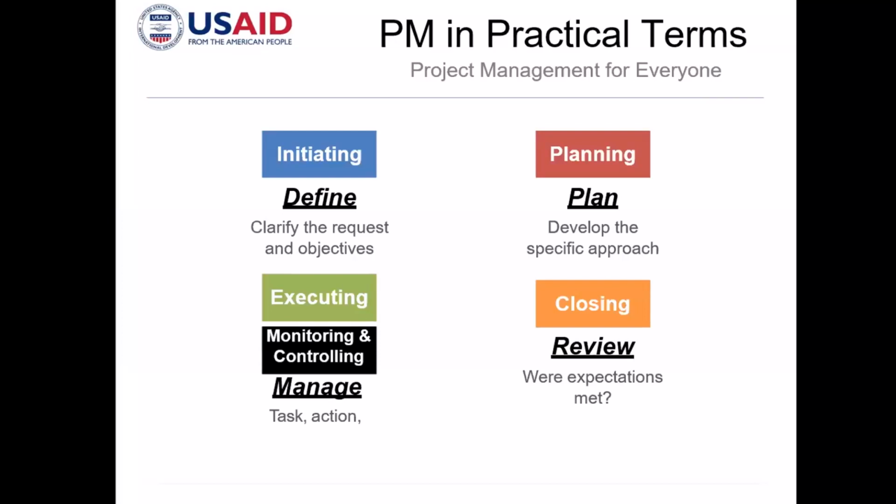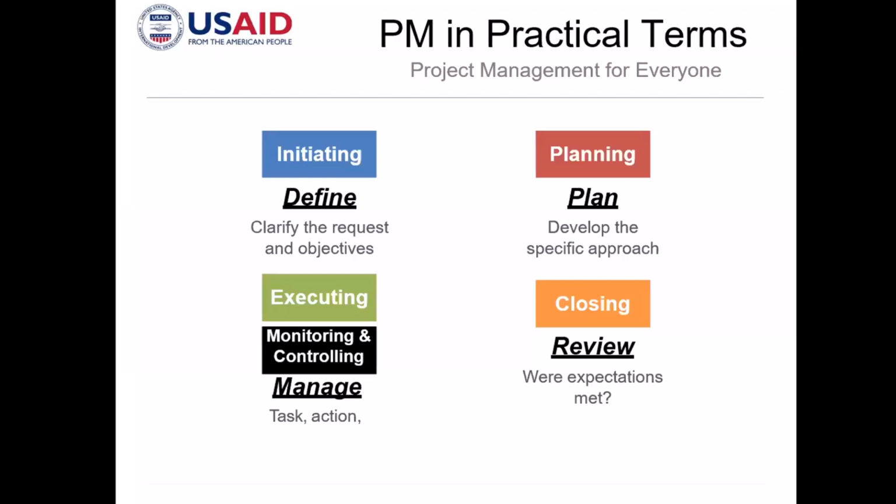And then, of course, in the execution, this is normally monitoring and controlling. So most of the tasks that will be done in rolling out your project will have to be monitored if they are within schedule, and you have to take action if there are some major delays.